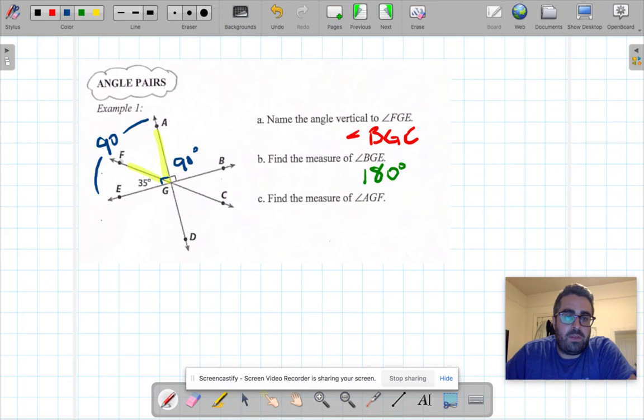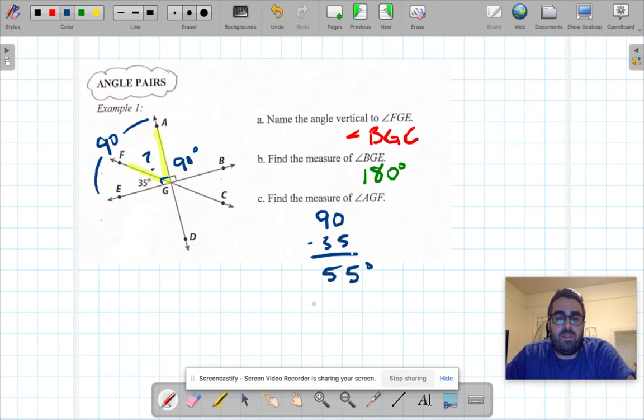We have this angle FGE, and we know the measure is 35, and this angle AGF, I'll use the way it's written here, and that's what we're looking for. So if we know the total is 90 and we know the piece is 35, we simply can do 90 minus 35, which is 55 degrees. So the measure of AGF is 55 degrees.